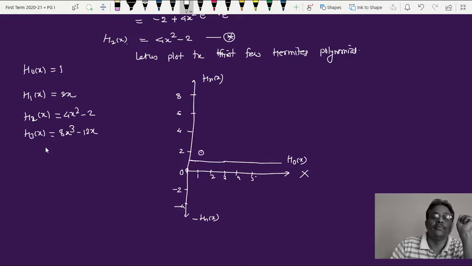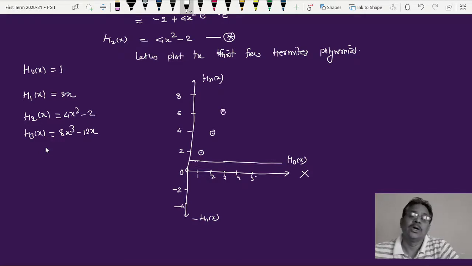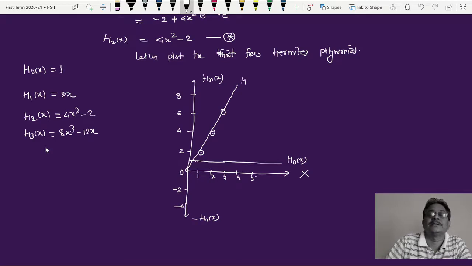Then I take 2, it will come to be 4 here. When I take 3, then this will be 6 here. So connect all these points, and this is the polynomial of order n equal to 1. This is my h1 of x. It's very simple to plot, because whatever value of x, h1 of x will be twice of that. So you will get a line having a slope as shown by that particular curve there.